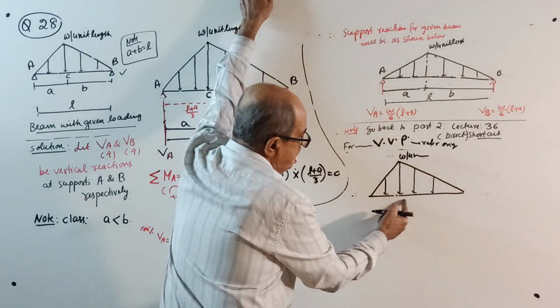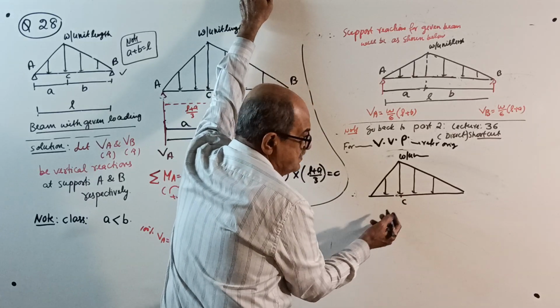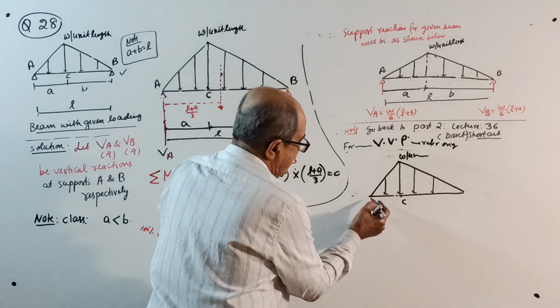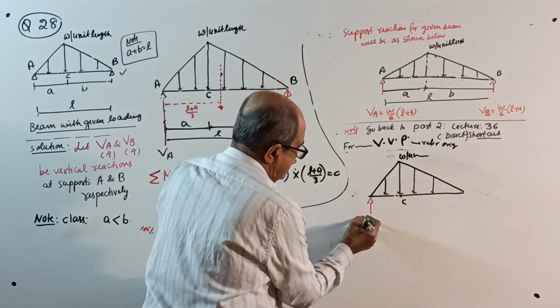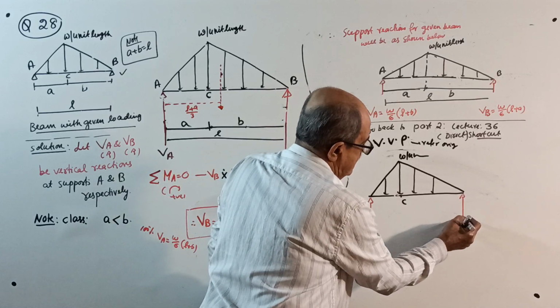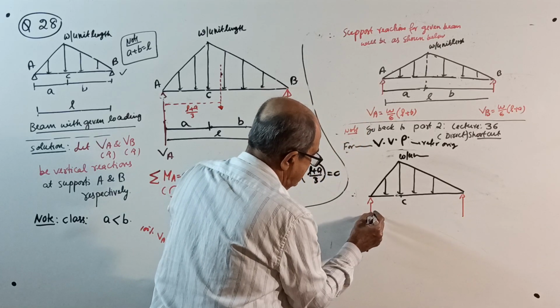Then AB, this is point C. Then the distance is A. All this you write here. VA, VB, a little down, there is a space problem.